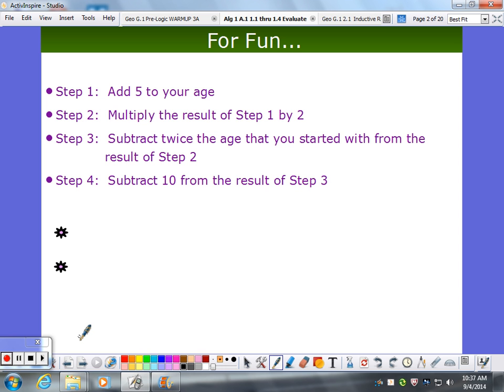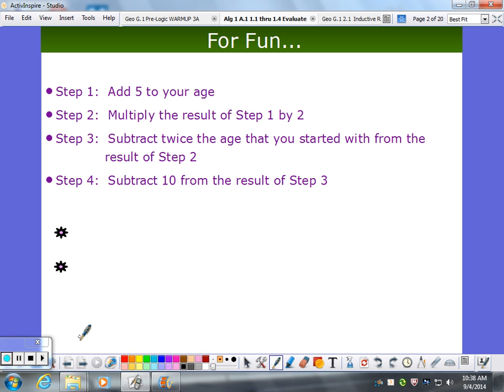All right, once you've written down your age, add 5. Okay, add 5 to your age. What's the problem?